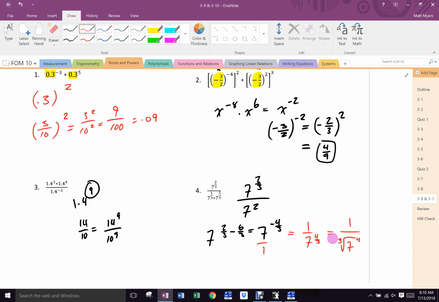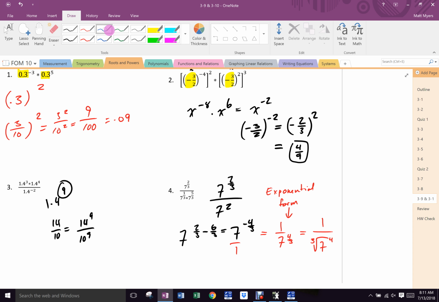Now, in case you have teachers that are a little more picky than I am, they might say, I want exponential form. That's that guy. Or they may say they want radical form. And that's that guy. Everybody cool? I don't care. If I do care, I will tell you which one I want.